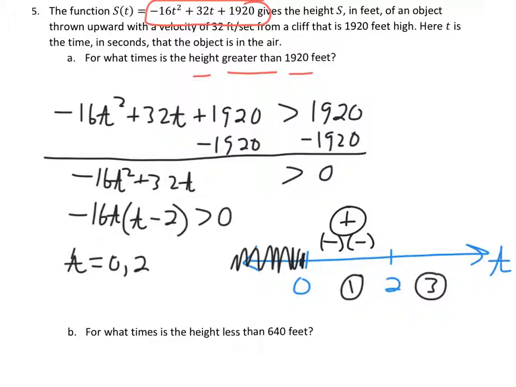And when we do 3, we get a negative times a positive, which is a negative answer. We are looking for when it's greater than 0, so we'll pick the positive, so it's going to be between 0 and 2 seconds. We're not going to include the endpoints, so t has to be somewhere between 0 and 2 seconds.